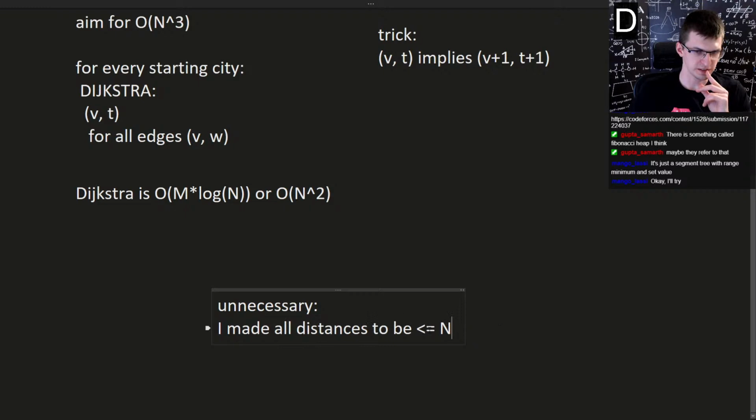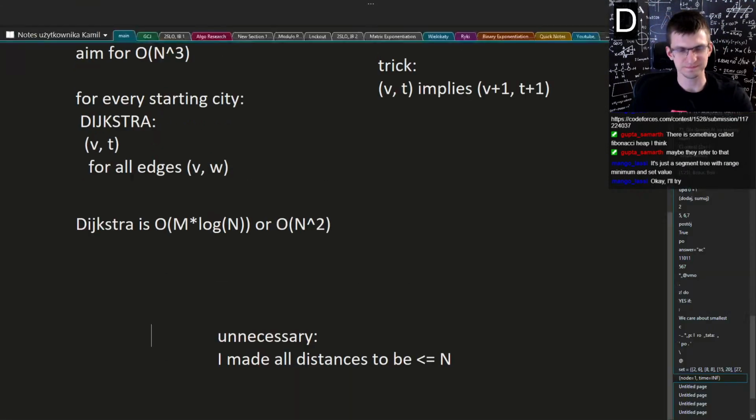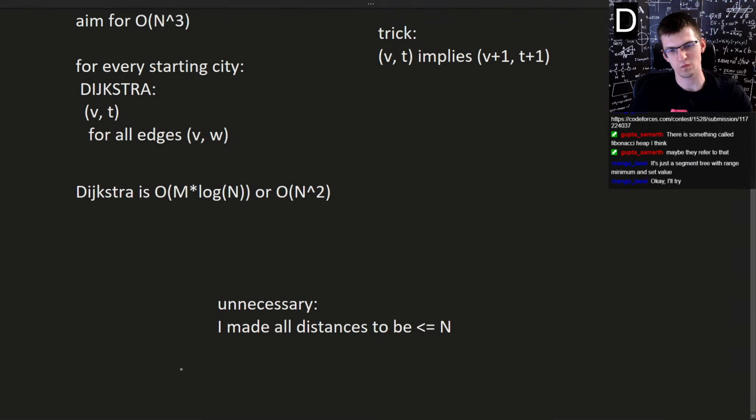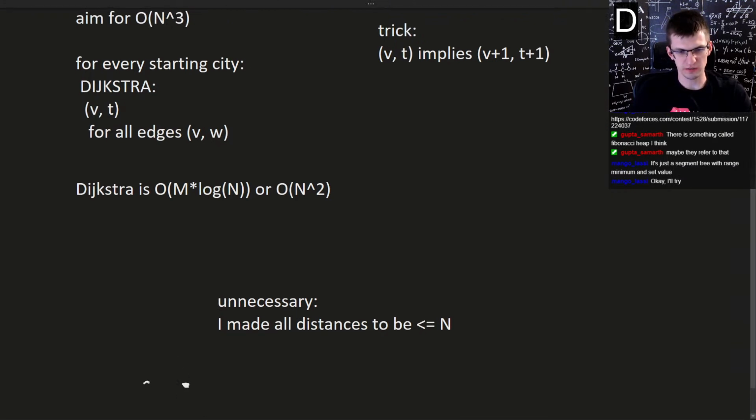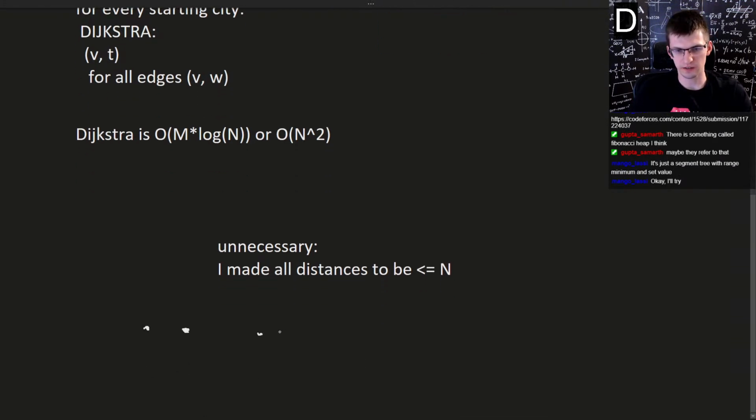How did I achieve this? So how did I get rid of big costs? Well, I observed something like that. For the starting city, find the smallest edge coming out of this city initially. Let's say that its value is 100.